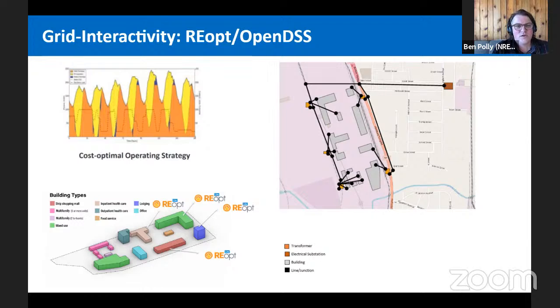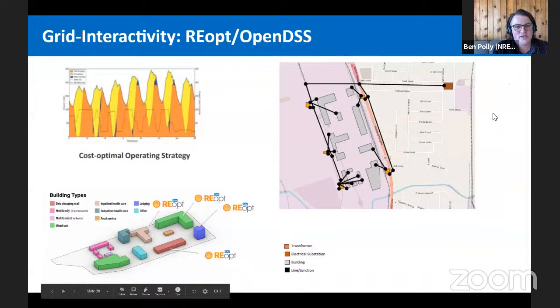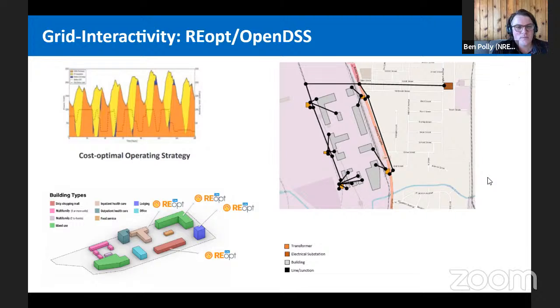We've also made some initial integrations between the URBANopt SDK and OpenDSS, which is a distribution system power flow modeling tool originally developed by EPRI, an open source tool that allows modelers to look at the performance of an electric distribution feeder.